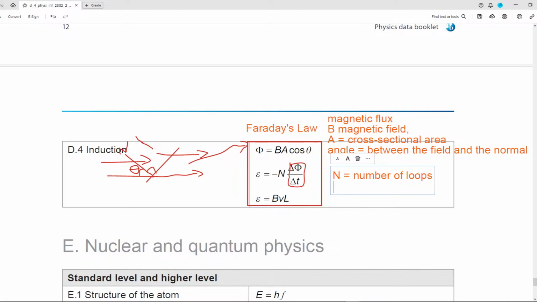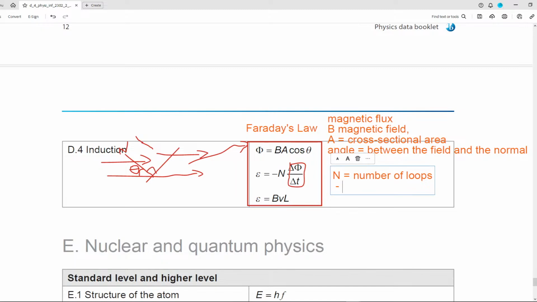Now, the negative is what's really interesting here. EMF, as we learned from the previous unit, is a scalar, so this does not indicate direction. It's just to indicate that the induced EMF always opposes the change. It's trying to undo the flux change. We call that Lenz's law.